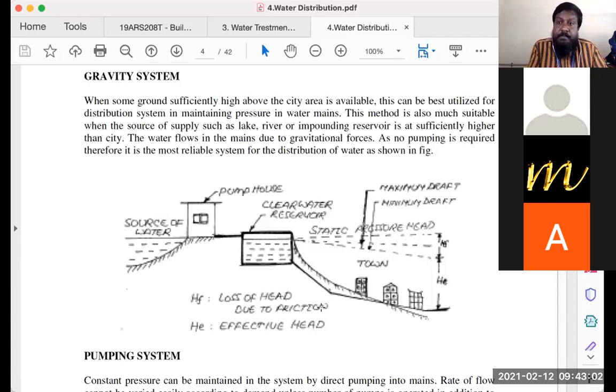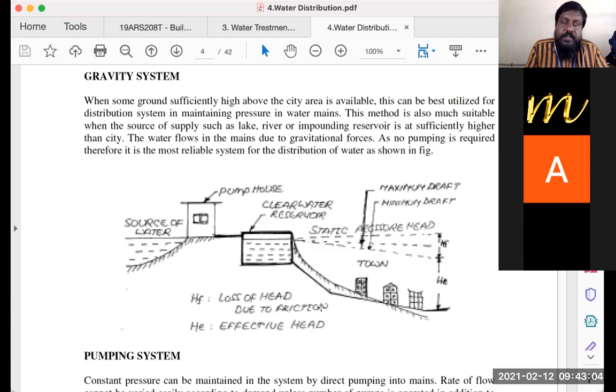The water is pumped to the overhead tank, and the reason for pumping is to get the gravity to distribute to the village. So here the dependency on power is very minimal, because the pumping time to fill up the overhead tank is the only time you need power, beyond which gravity does the work. Whereas in cities, if you're going to use a pumping system, there needs to be a constant supply of electricity for the water to be pumped.